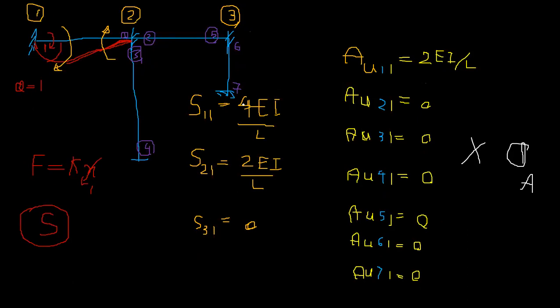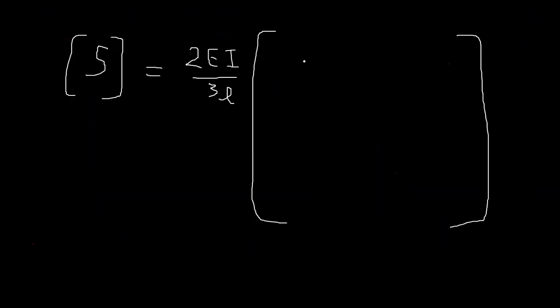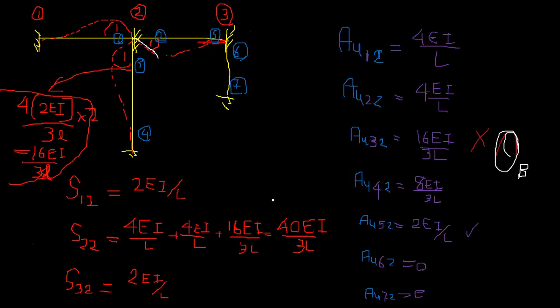Remaining would be 6, 3, and 0. So this is the second column.